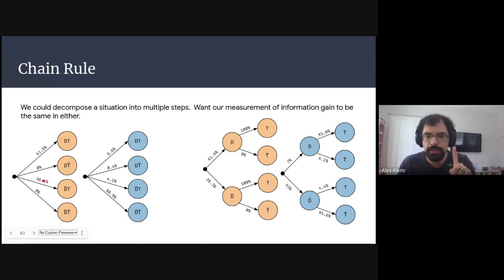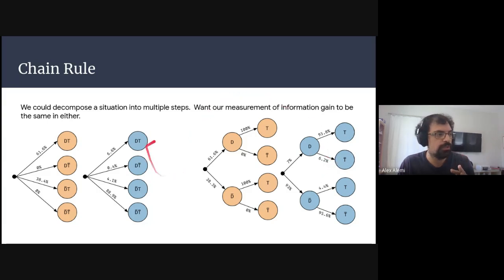Now, the point is, this blue distribution is equivalent to this blue distribution, right? I could think about the problem differently. Instead of just being a distribution over 4 possible things, I could think about it as, first I decide whether or not I have the disease, and then conditioned on that, I decide whether or not the test is positive. And these numbers are an equivalent probability distribution, an equivalent set of beliefs.